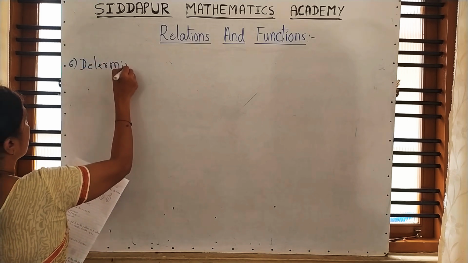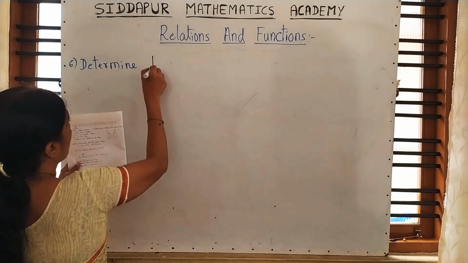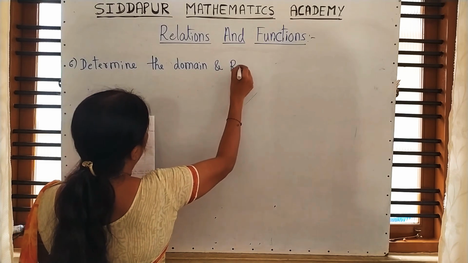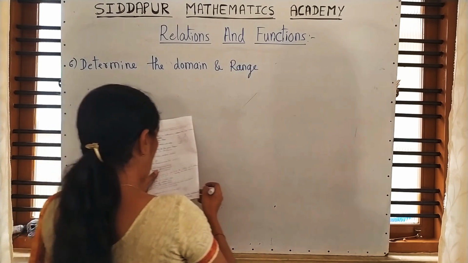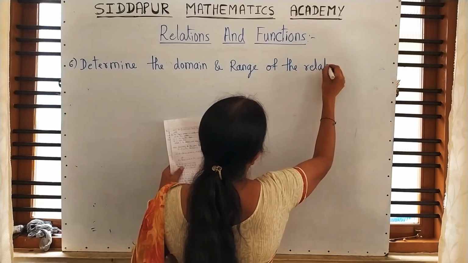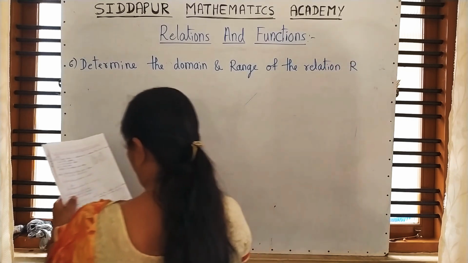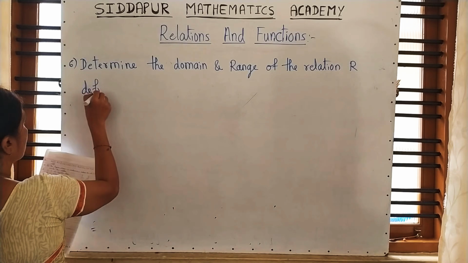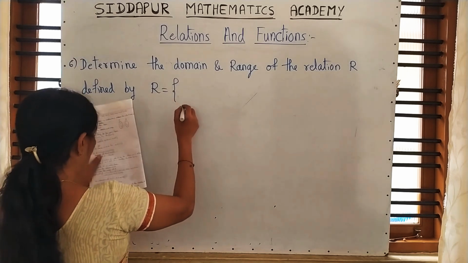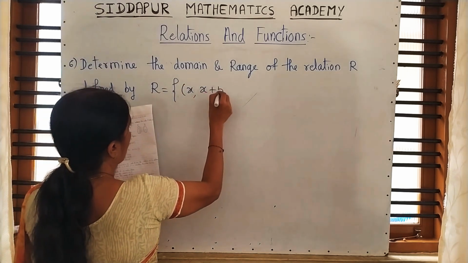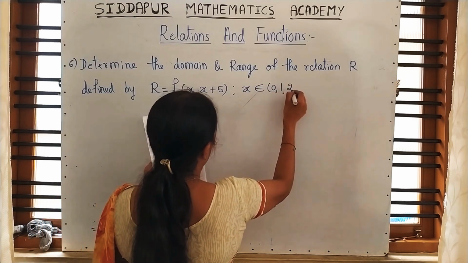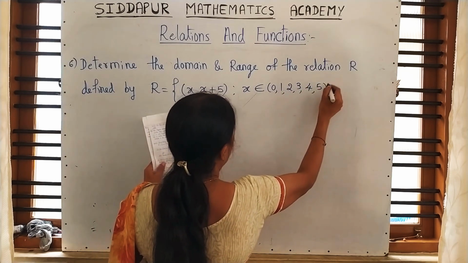Determine the domain and range of the relation R defined by R = {(x, x + 5): x belongs to {0, 1, 2, 3, 4, 5}}.